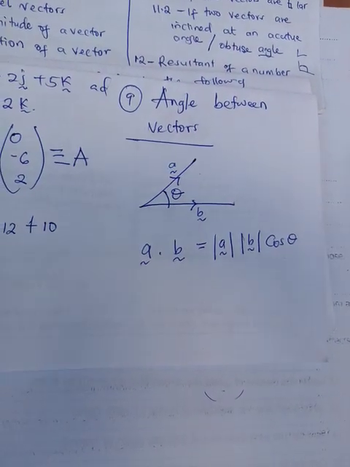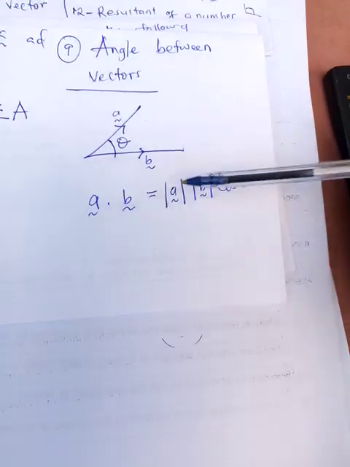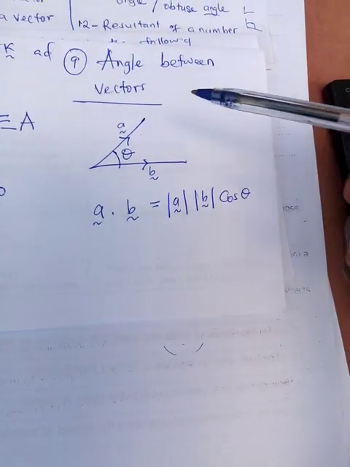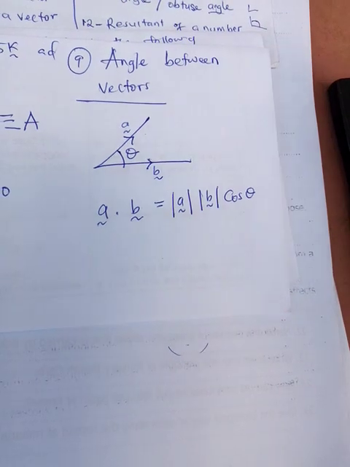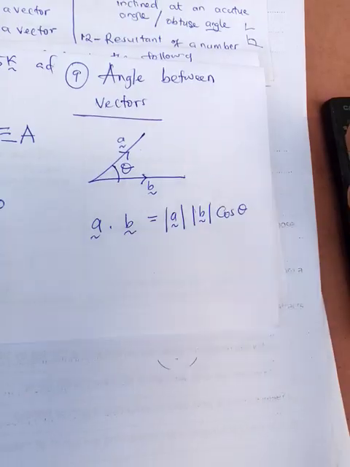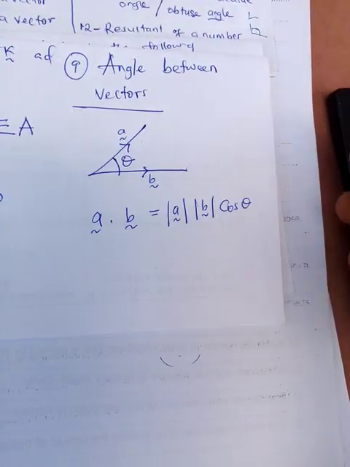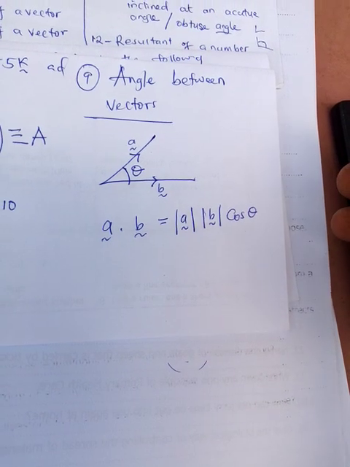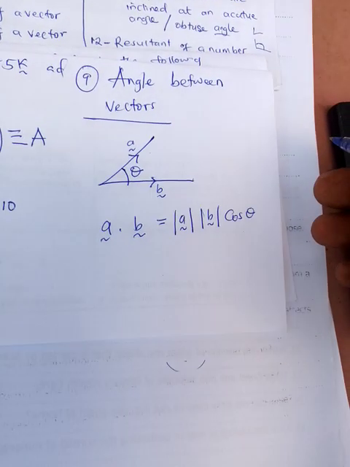So that angle between vectors can be given like this by dotting the vectors. If they have given you vectors, they want the angle between the vectors, you dot them, and you get the angle.